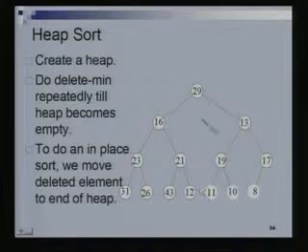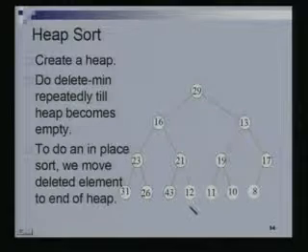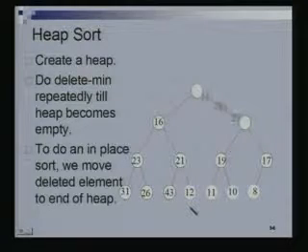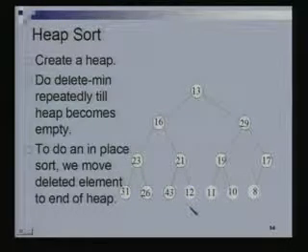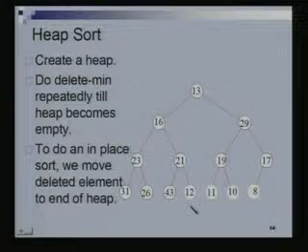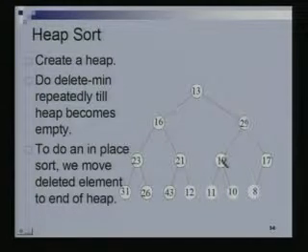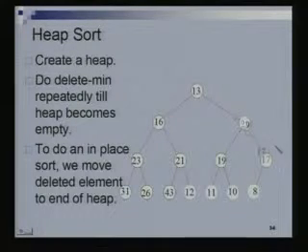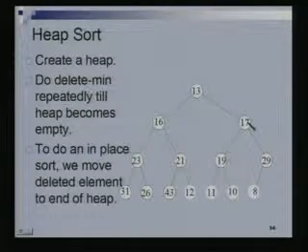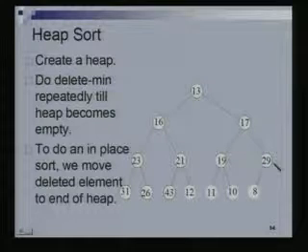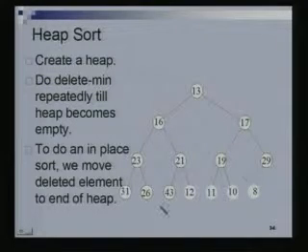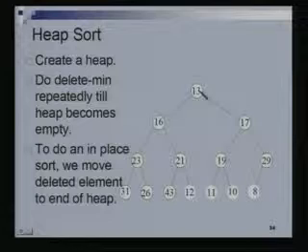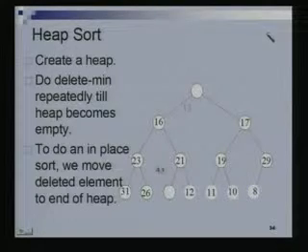We swap the last element with the root, and then this element goes away from the heap, and now we are just going to do the swapping, so 13 and 29 get swapped here. The smaller of these two, 17 and 19, 17 is going to get swapped with 29, and now this is again a heap for us. Now the minimum element is sitting here, 13, it's going to get swapped with the last element.